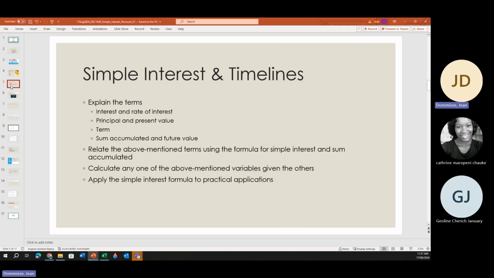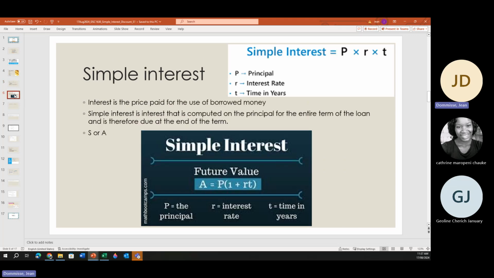So when we look at the formula, I will just go back to that list of things. What I've shown is a few types of formulas, because when you Google simple interest, you might get a different view on how they write it.